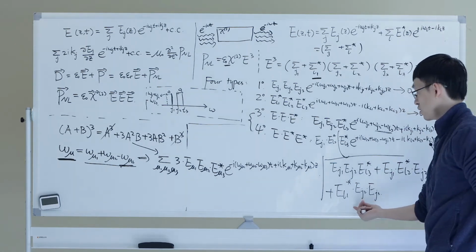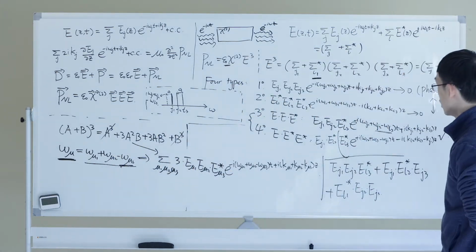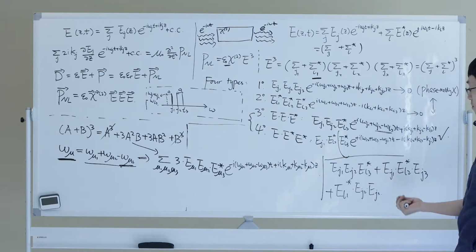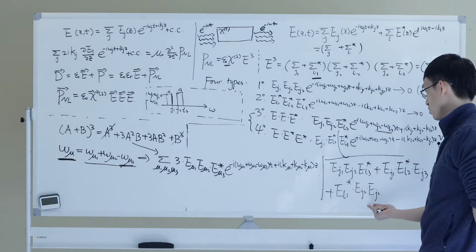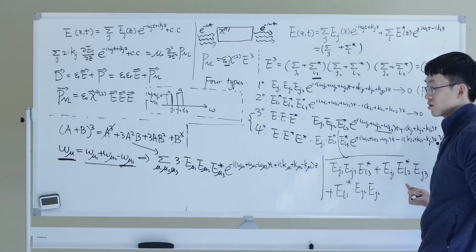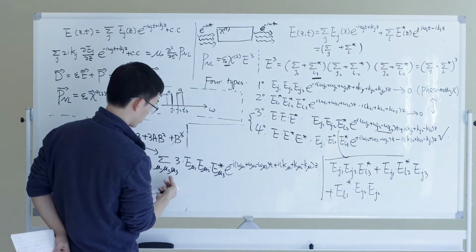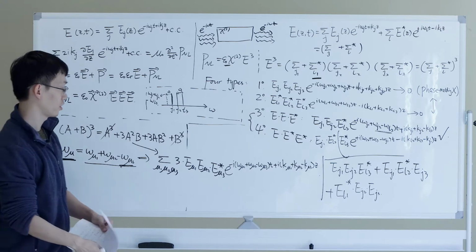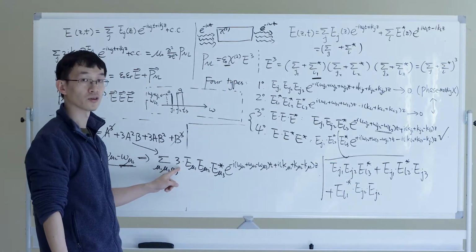So there are 3 terms that are equivalent to each other. Because all these are just indices and independent from each other, you can write them as a complete sum over mu1, mu2, mu3, corresponding to here. And because there are 3 of them, we put a factor of 3 in front.